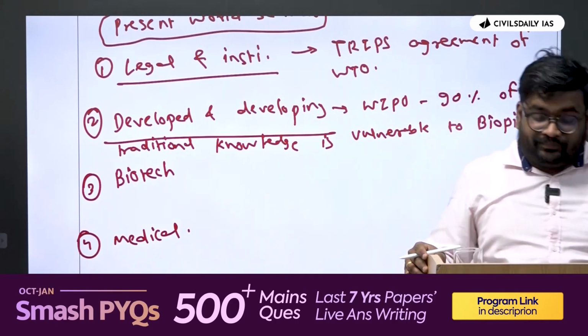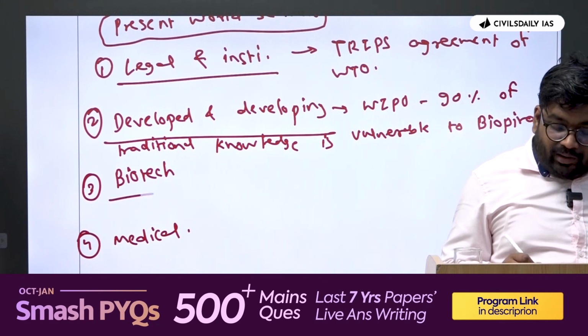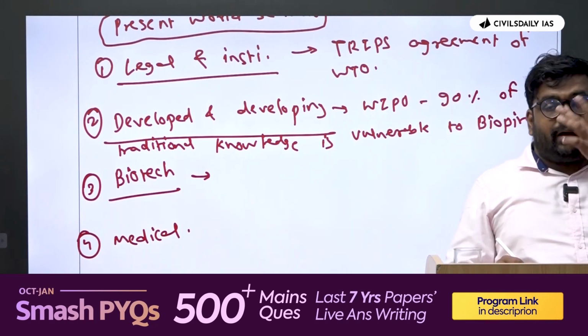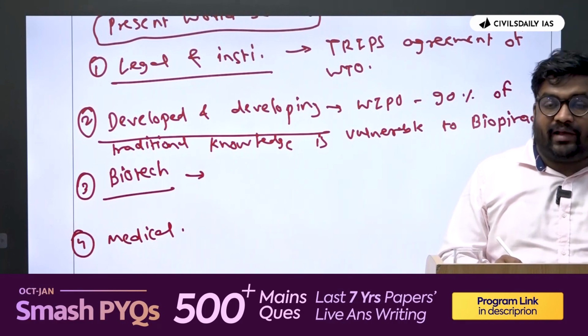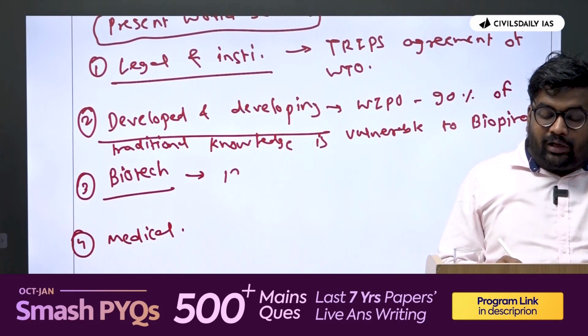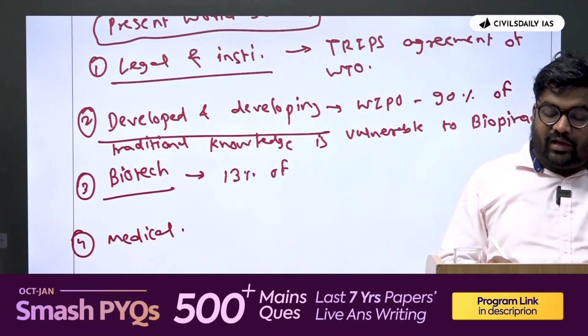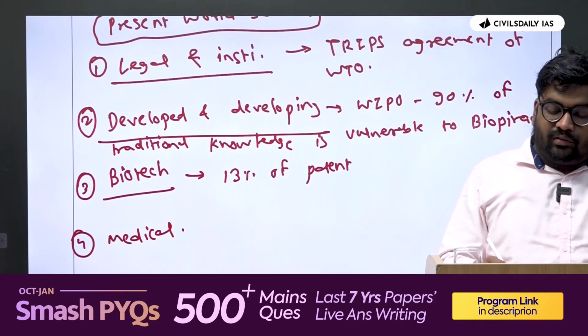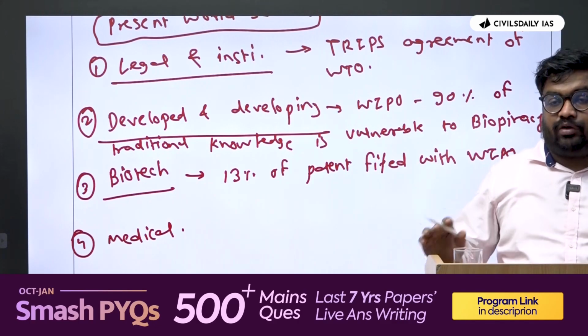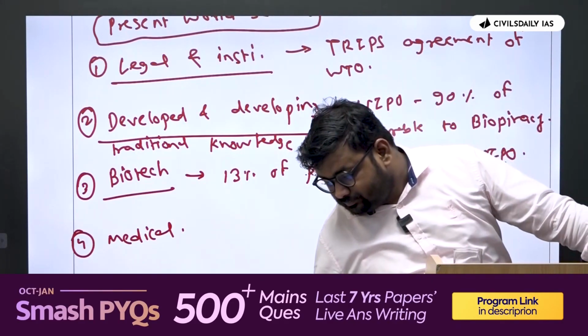So with respect to biotechnology, of the total patents filed with WIPO, 13% are related to biotechnology.